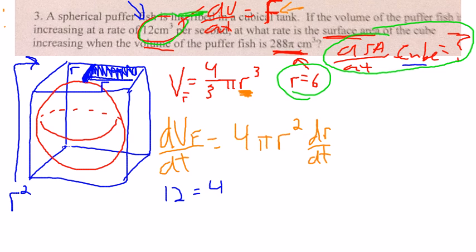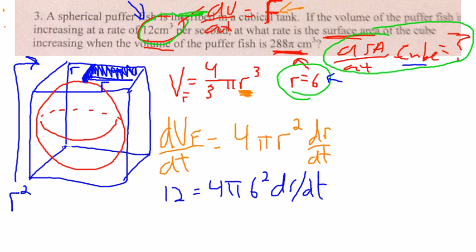12 equals 4 pi. I know that r is 6 right there, so I'm going to use that. So 4 pi times 6 squared times dr dt. So let's divide by 4, right? That gives me 3 on the left side.